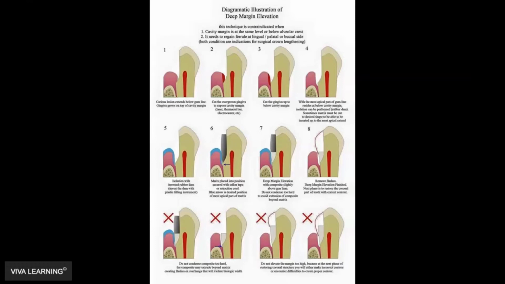I haven't done a lot of deep margin elevation, but as far as biologic width goes, I've seen patients where biologic width has been invaded and the gum is pink and it doesn't bleed. I've seen patients where you invaded by a tenth of a millimeter and the gum is soggy and boggy and bleeds like crazy. What I would ask Dr. Magné is, how do you know the difference clinically? The answer is you don't. So you don't know how it's going to respond, and that's the biggest challenge that you've got there.